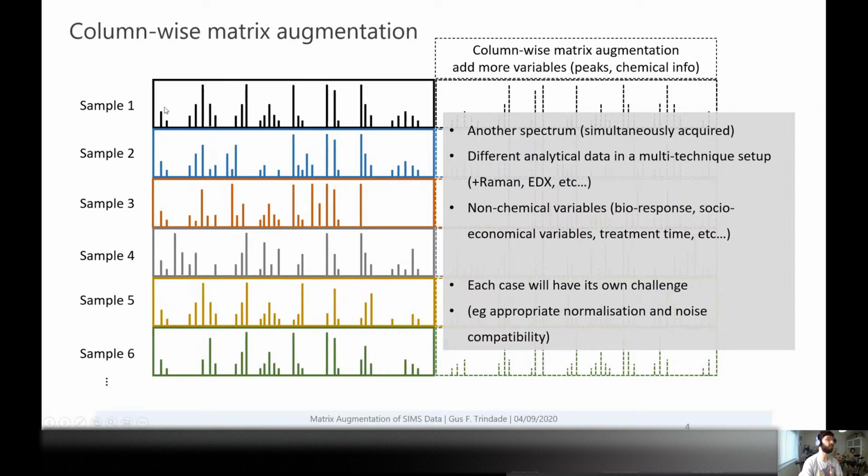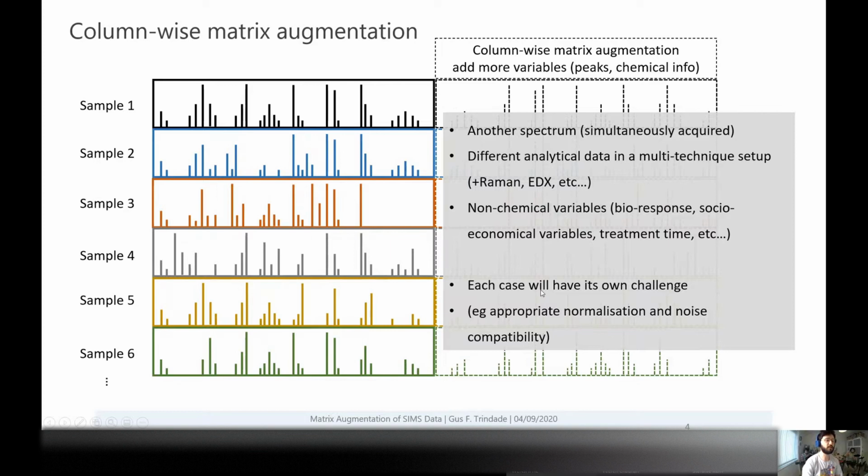You can have all your SIMS data and then attach it to Raman data if you have it for all the samples, or EDX or other things like this. Or you can even go beyond and use variables that are non-chemical, not analytical chemistry variables, such as some biological response, or even socioeconomic variables, or treatment time. If you have some profile for treatment, it can be a single number, but typically if you have a spectrum or a series of variables related to each of these samples, you can add it here, as long as you do it for all the samples.